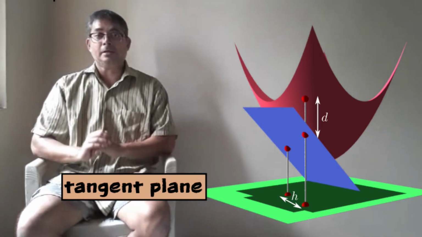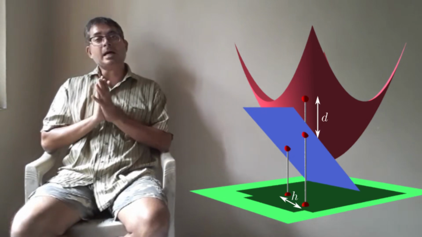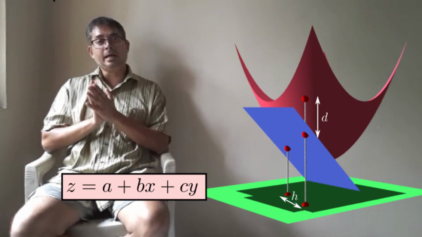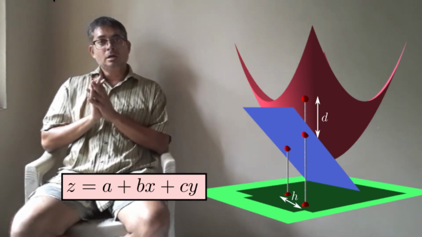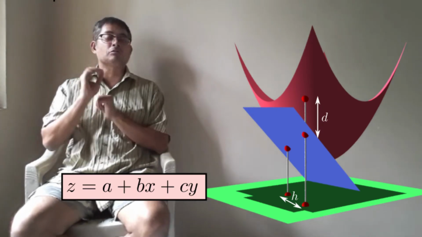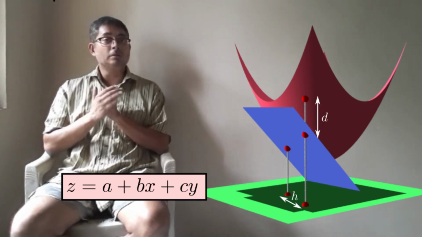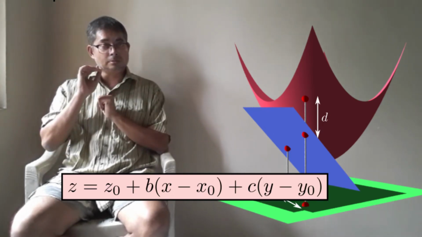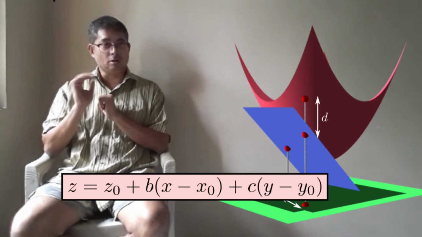Now any plane has the equation of the type z equal to a plus bx plus cy. If you take this plane to pass through a particular point, in that case the equation will be like this, where the plane must pass through the point x0, y0, z0.